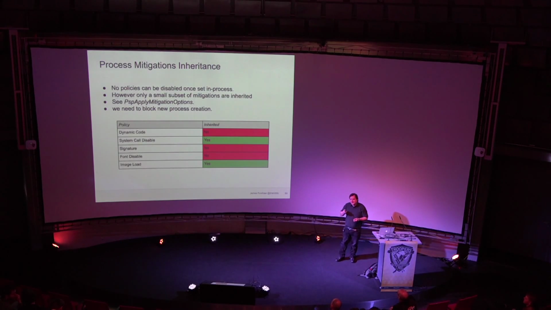Does anything actually get inherited across that structure? It turns out only two do: system call disable and image load. System call disable is an obvious one, since you don't want to create new processes which can attack Win32k. But image load is probably there because it stops an attacker, instead of calling LoadLibrary, from calling WinExec with rundll32 passing their DLL to it. It's presumably just to mitigate against that.